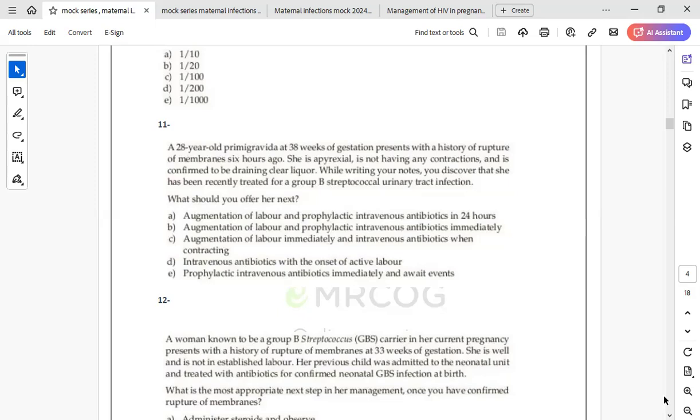Excellent, less than 50 copies. So HIV viral load less than 50 copies, good CD4 count. This patient is going to need immediate induction if she's having prom or pre-prom.